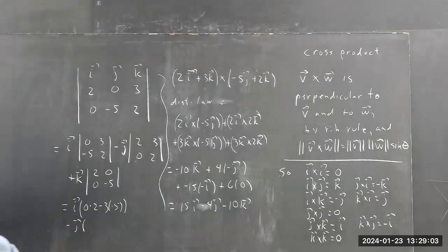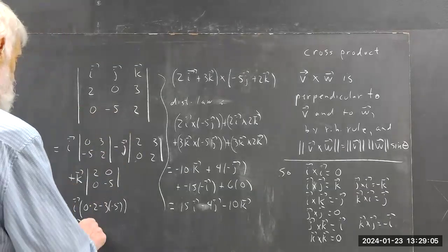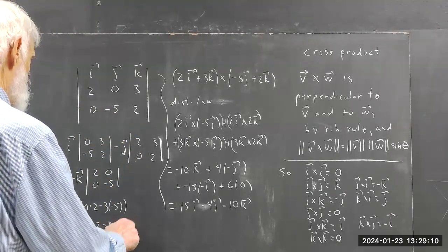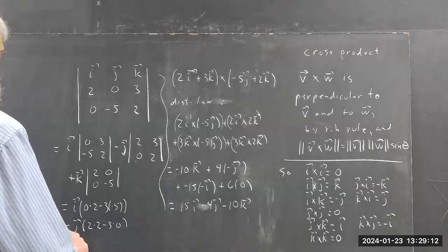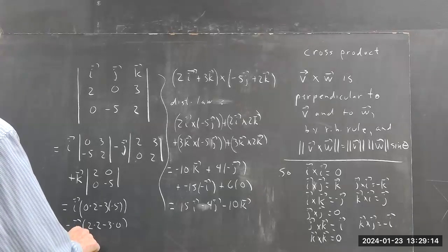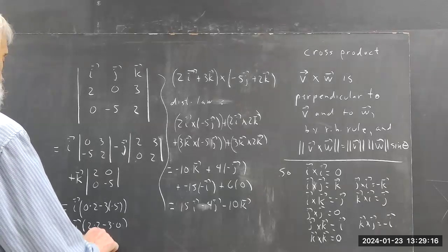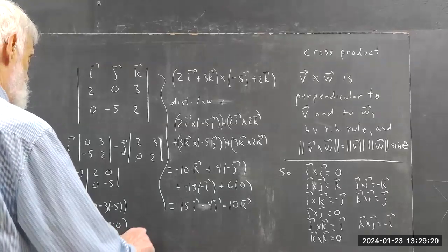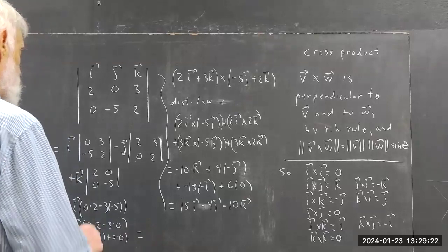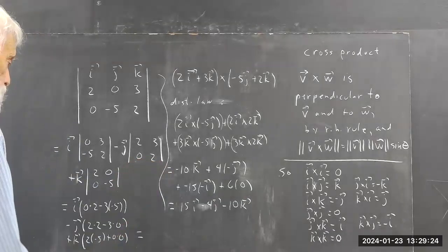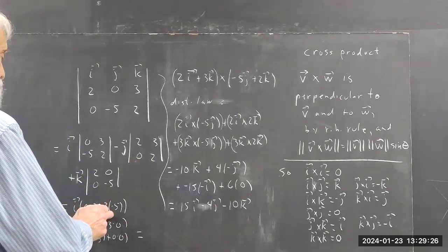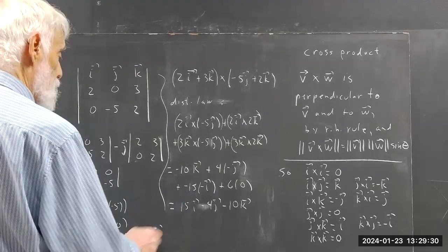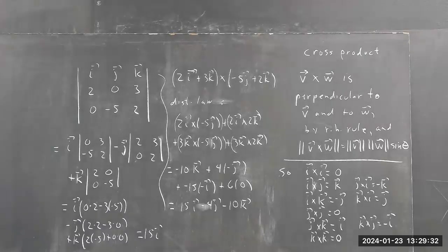Then it's minus j times 2 times 2, minus 3 times 0, plus k times 2 times negative 5, plus 0 times 0. And this better come out the same as what I got. Negative 3 times negative 5 is 15, so there's 15i. So far, we agree with what the distributive law said.